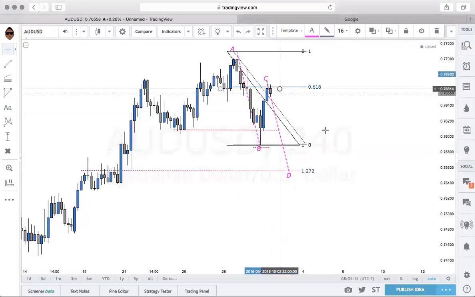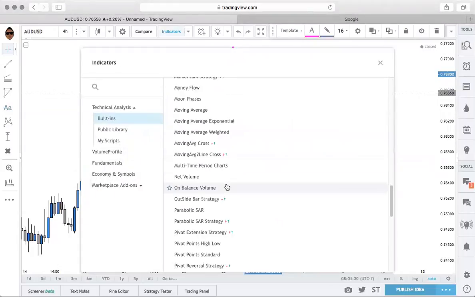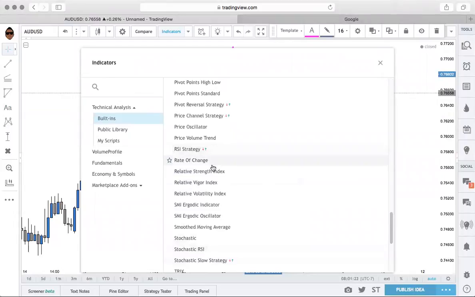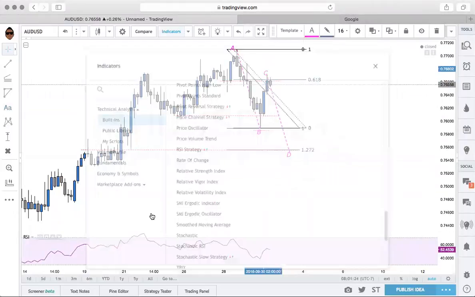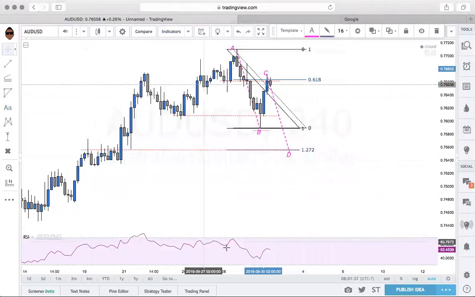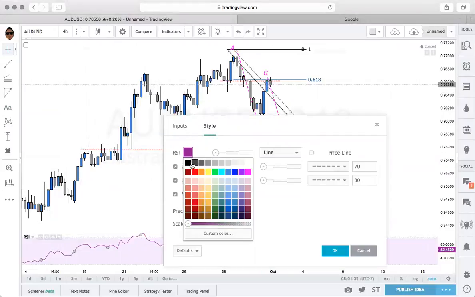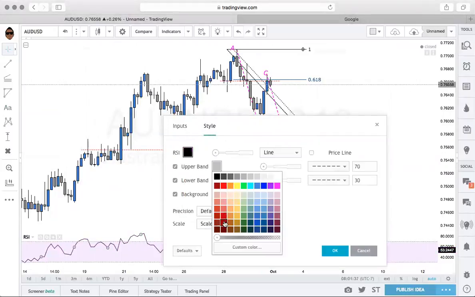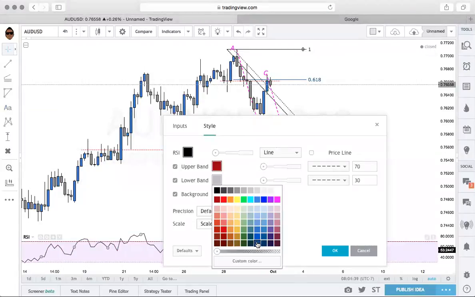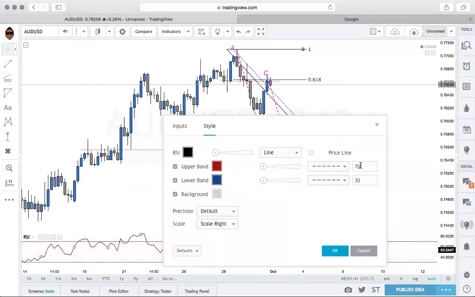So now we have a couple pieces of confluence. If you want one more, I do like the RSI here as a piece of confirmation. You can see the RSI definitely turning over here right along the 50, which is good. I have certain settings here. Let me just quickly edit this here.